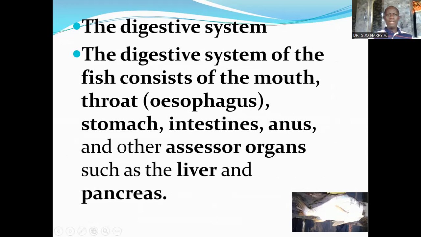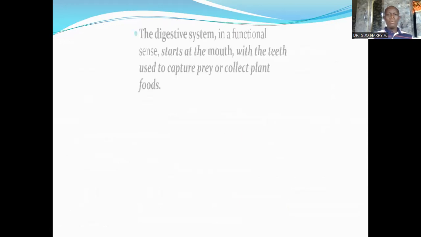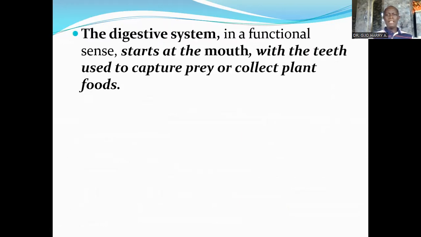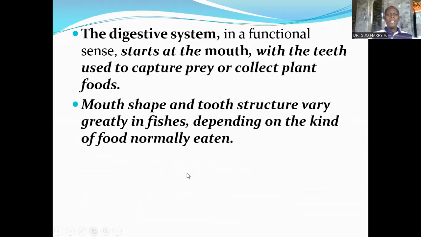Now I want to look at how the fish feed and how the kind of diet affects their mouth structure and also the pattern of teeth and how digestion takes place. The digestive system, in a functional sense, starts at the mouth, with the teeth used to capture prey or collect plant foods.